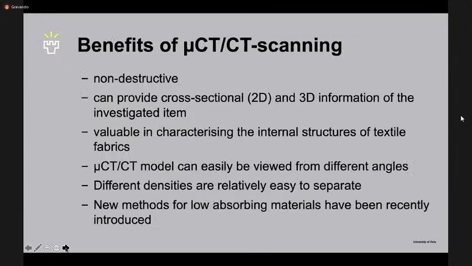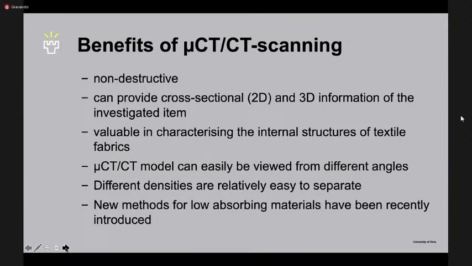Next one, please. So to summarize the first part, the benefit of micro CT and CT imaging is that they are non-destructive analytical techniques, which can provide either cross-sectional or three-dimensional information of the imaged object. So they are highly valuable when you're characterizing internal structures of textile fabrics.